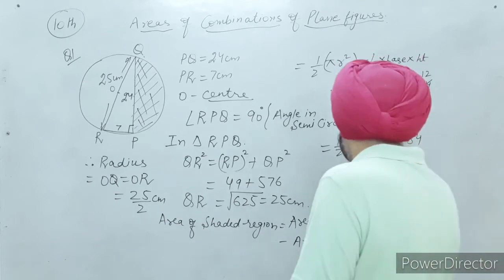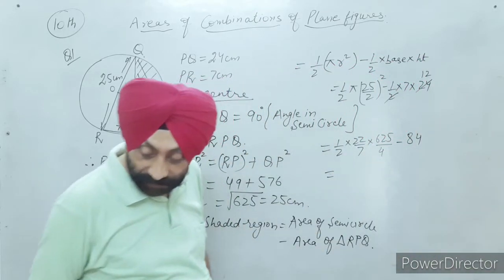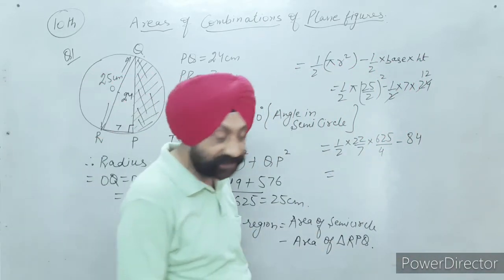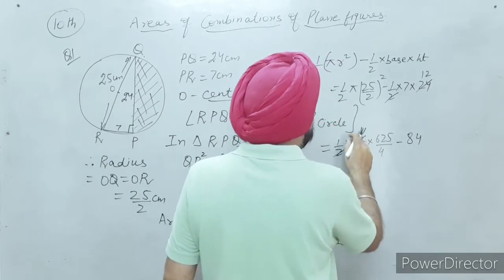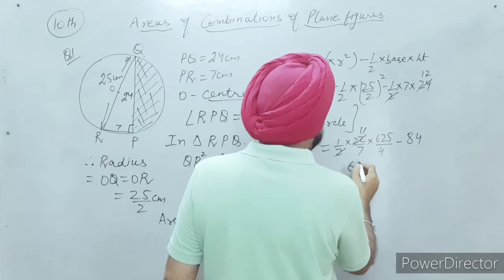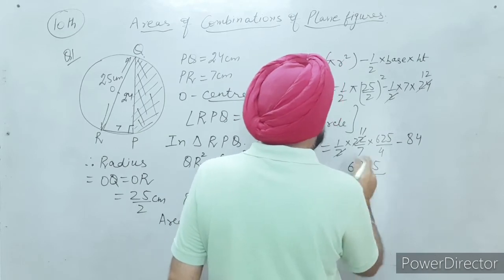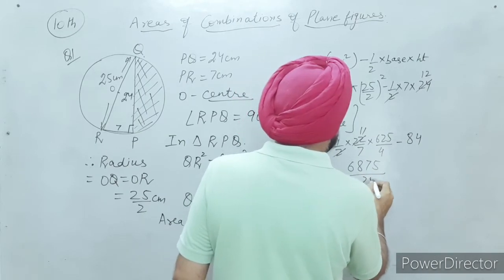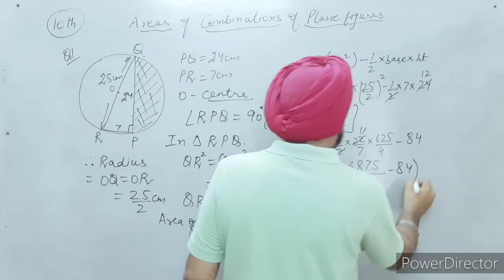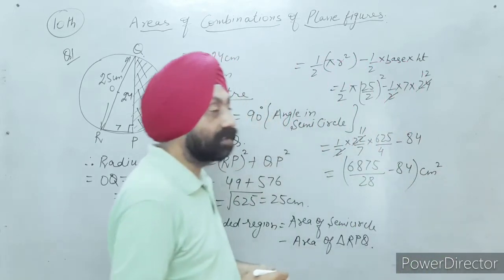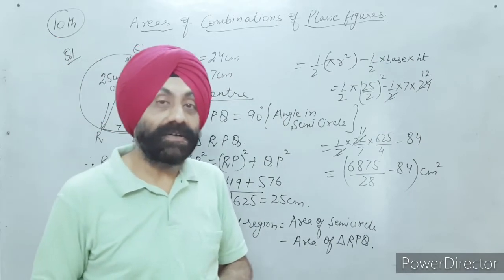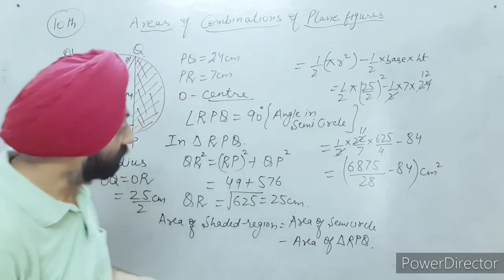Now when you calculate this value, it comes out to be 6875 divided by 28, minus 84 centimeter square. This is the answer, that is the area of the shaded region, right?